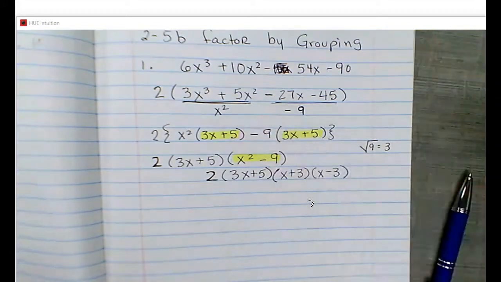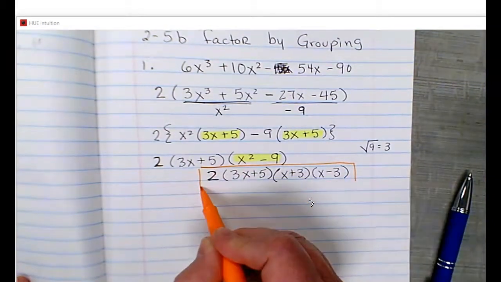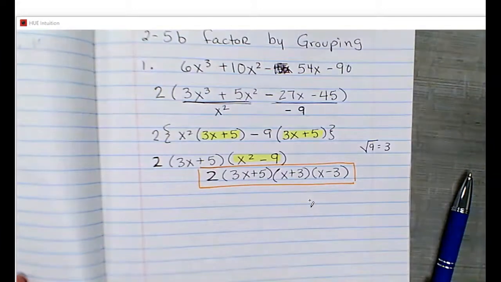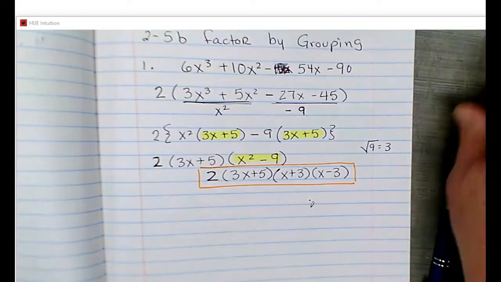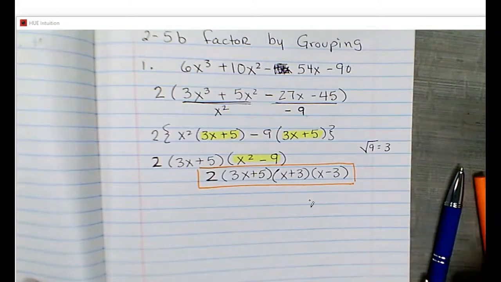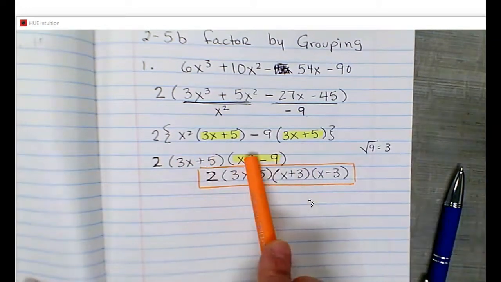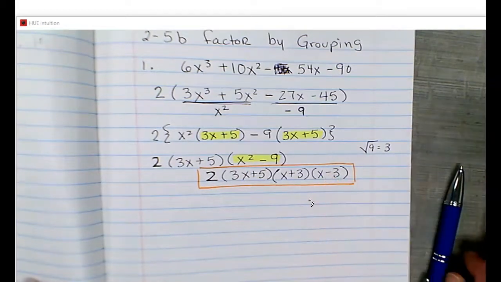This is the completely factored answer. So, do we think we understand the two groups of two thing and factoring it at least this far? Some of you may have missed that last step. Can we factor with two groups of two?